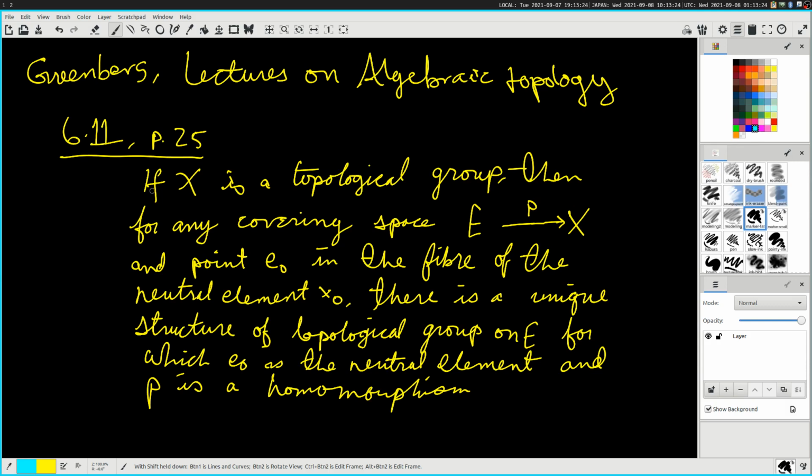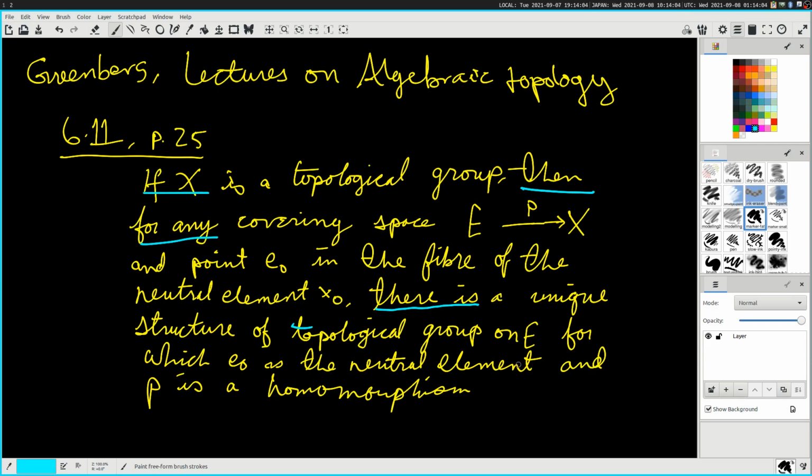So X is a topological group, which means there are certain things that are true about X. If something is a covering space with a point e naught in the fiber of the neutral element x naught, then there is a structure of topological group on E, and it's unique, which means that if you find one of the structures, that's the only one.